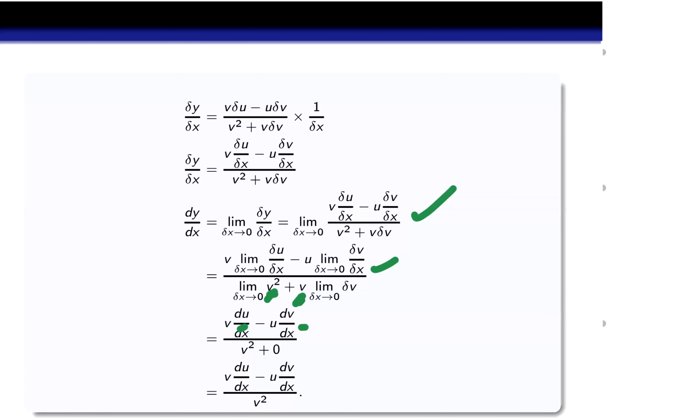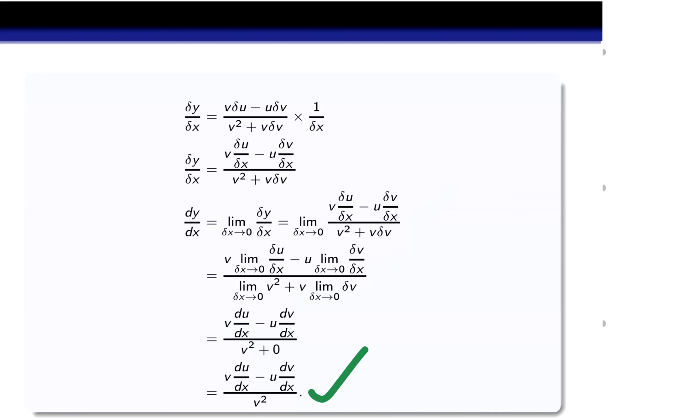This other one still has delta v, so it is approximated to 0. By the time you tidy things up, you end up with the formula for the quotient rule, which is (v du dx minus u dv dx) all over v squared.